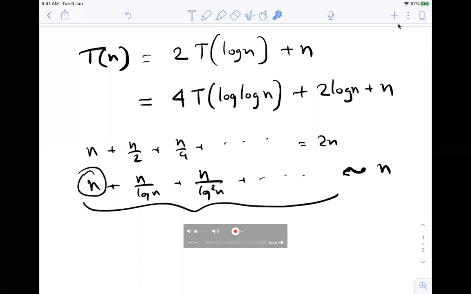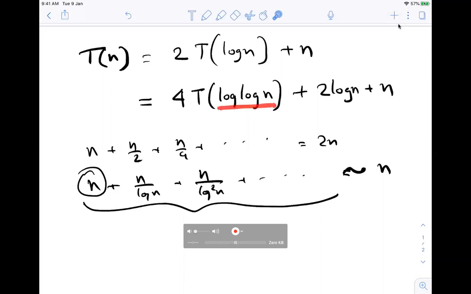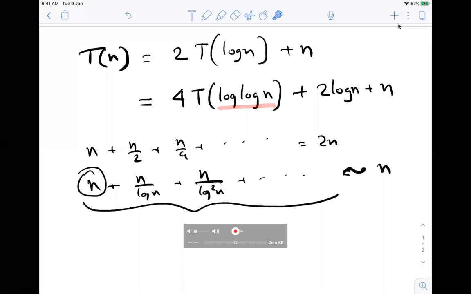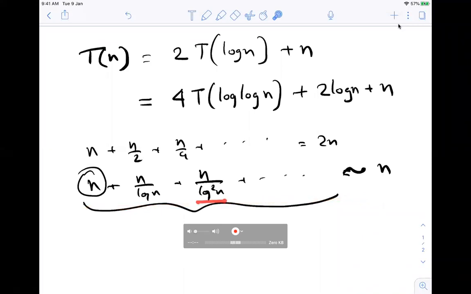Are we applying log twice? Right, so in the summation we have written log² n. For now, I have just written log² n only.